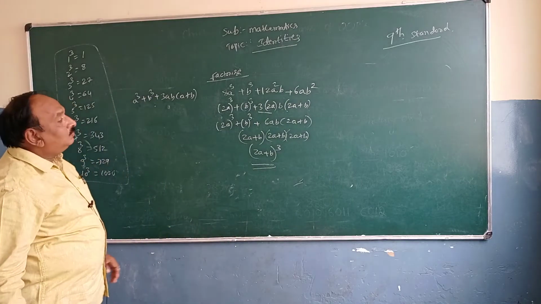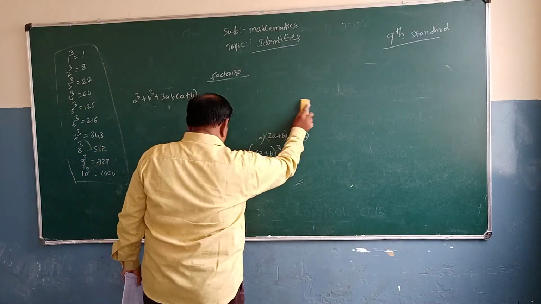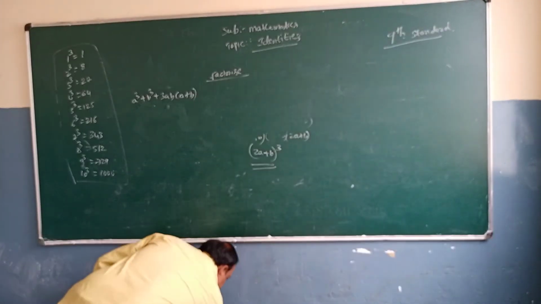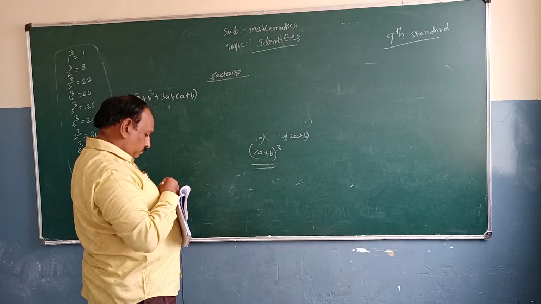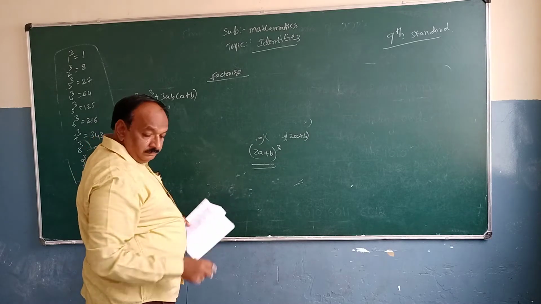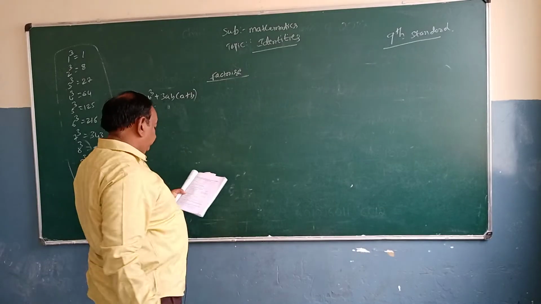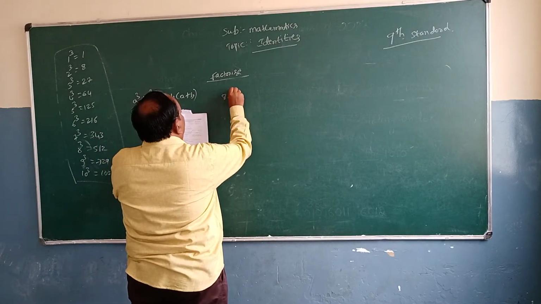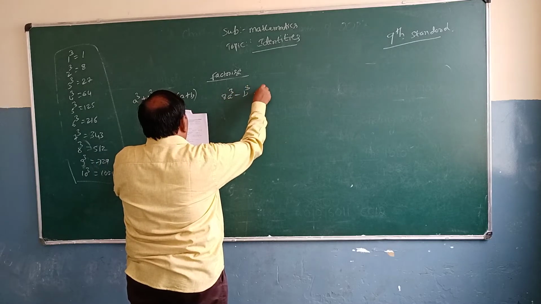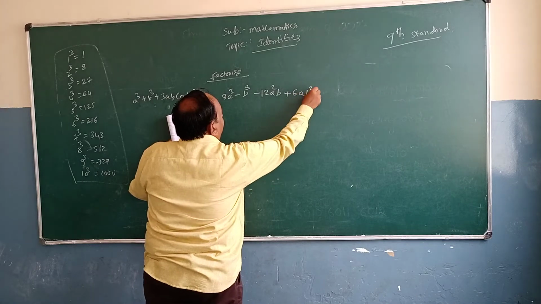So this is one more problem. a cube minus b cube minus 12a square b plus 6ab square.